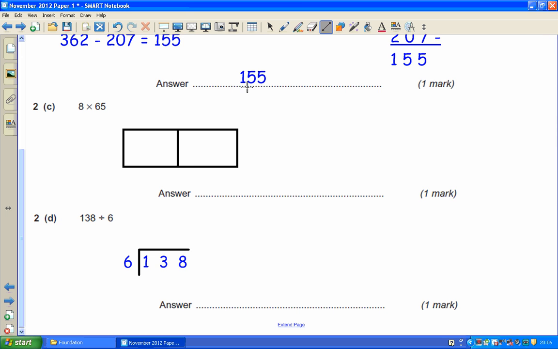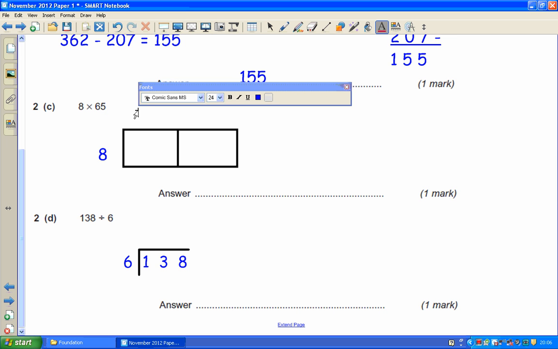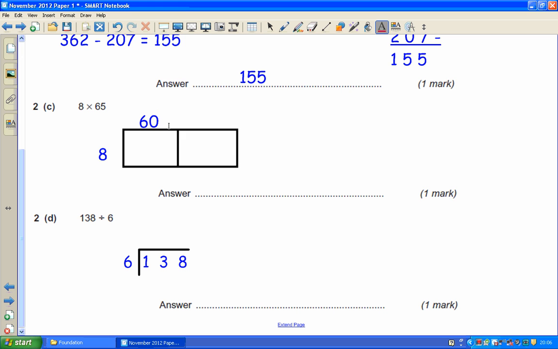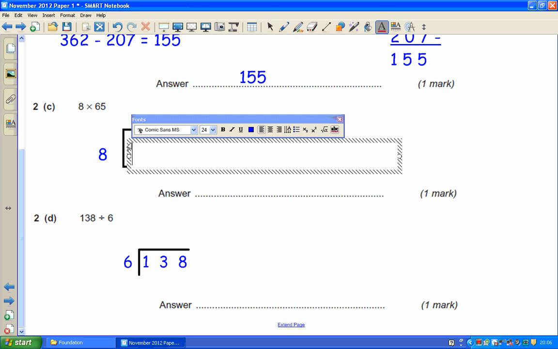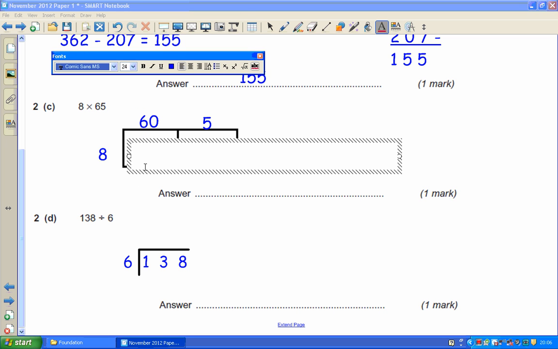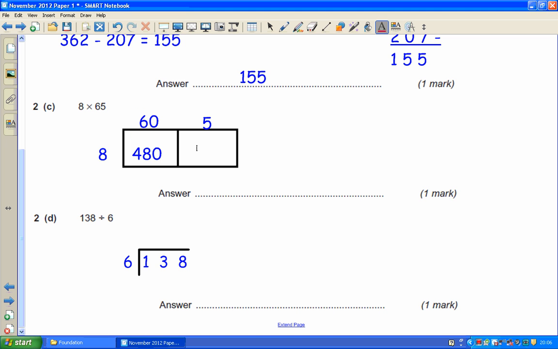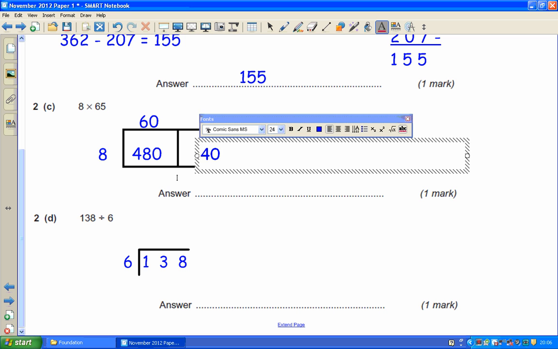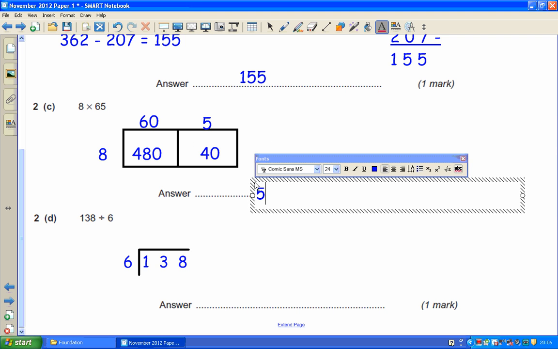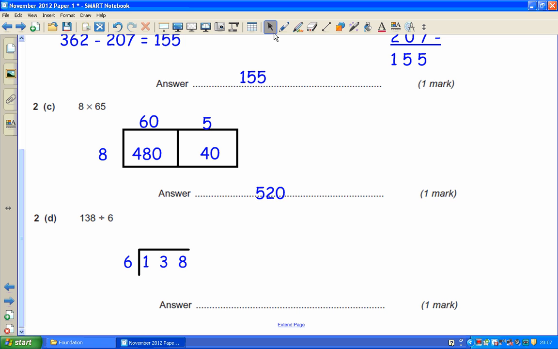So 8 times 65. 8 times 60, well, 8 times 6 is 48, so 8 times 60 is going to be 480. 8 times 5 is 40, and if you add them two together, your answer is 520. I personally would have done the same. 8 times 60 is 480, 8 times 5 is 40, put them together is 520.